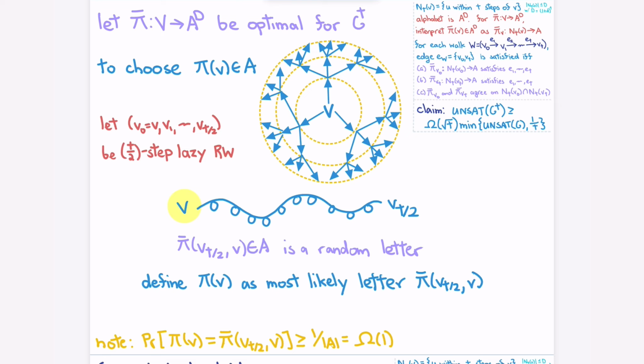One thing to note is that at the very least, the probability that the random walk will get the letter that you assign, so the probability that if I did this random walk, the label I assigned is equal to where I end up, is at least 1 over the size of the alphabet, because it's the best among all the letters. Any letter with 1 over size of A is all you need, and that's at least a constant, because our alphabet is held constant from the following step.